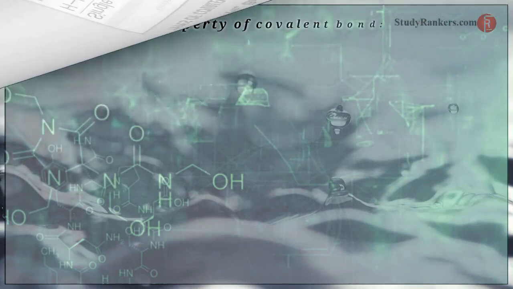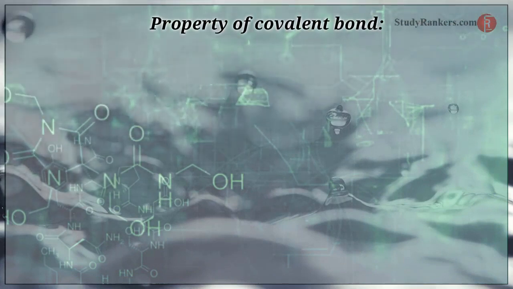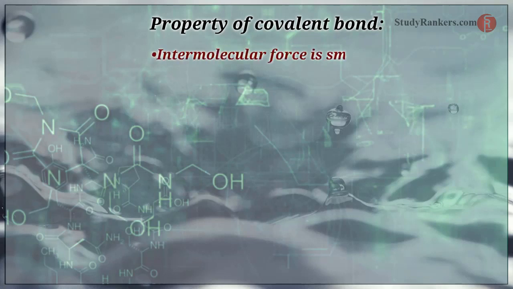Let's discuss a few properties of compounds formed by covalent bonds. We will also make a comparison with compounds formed by ionic bonds. Covalent compounds have weaker intermolecular forces of attraction, while ionic compounds have stronger intermolecular electrostatic forces of attraction.